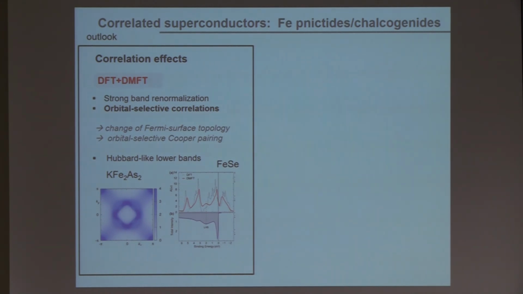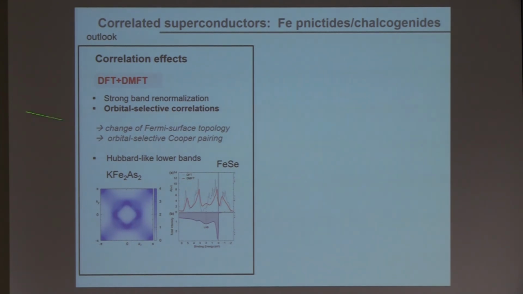So I chose these two aspects of iron pnictides: what correlation effects are doing in iron pnictides, and how they are influencing the superconducting properties. What we saw is that by using, for instance, the combination of ab initio with many-body methods, one can explain this strong band renormalization seen in iron-based superconductors, and one finds these very strongly orbital-selective correlations.